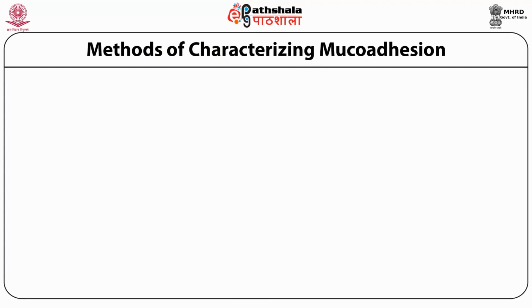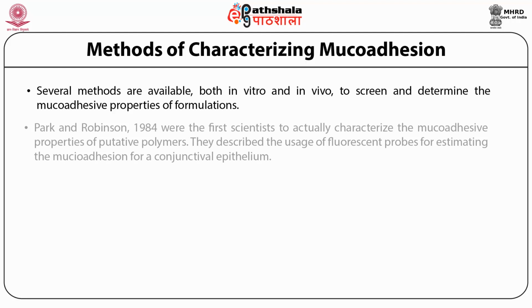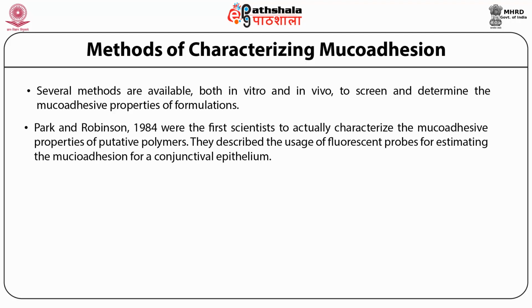Methods of characterizing mucoadhesion. Several methods are available, both in vitro and in vivo, to screen and determine the mucoadhesive properties of the formulations. Park and Robinson, in the year 1984, were the first scientists to actually characterize the mucoadhesive properties of the putative polymers.